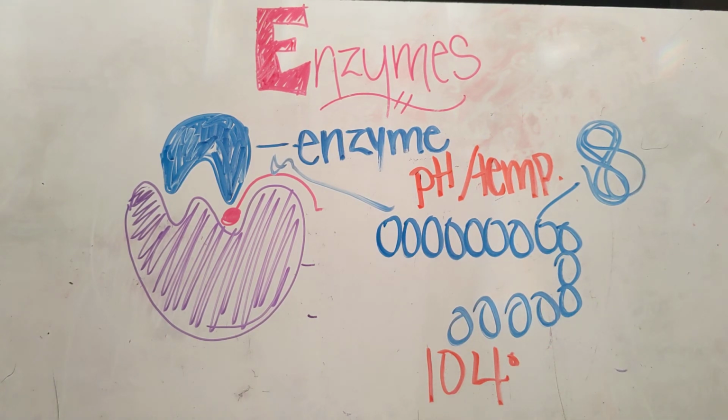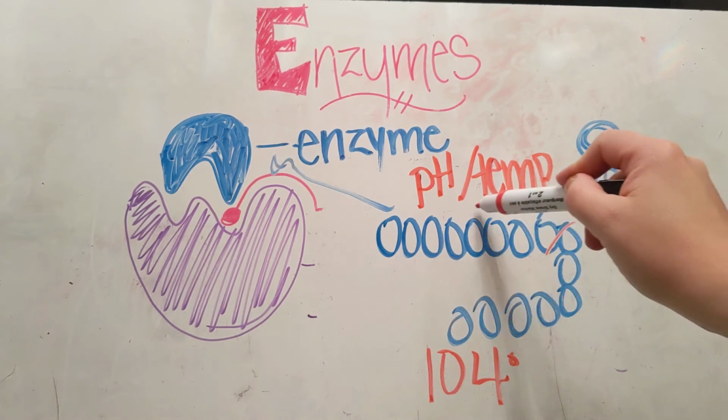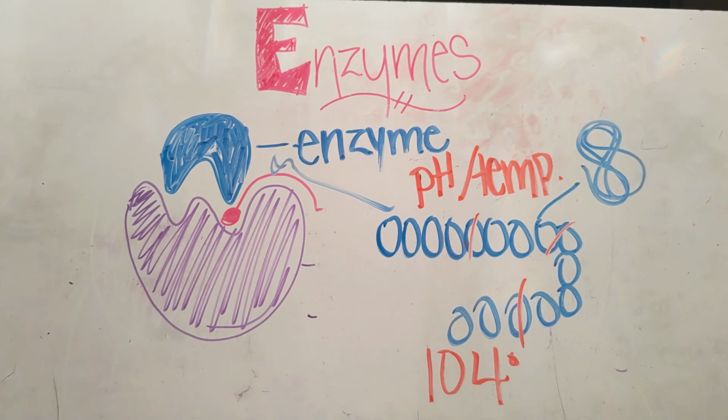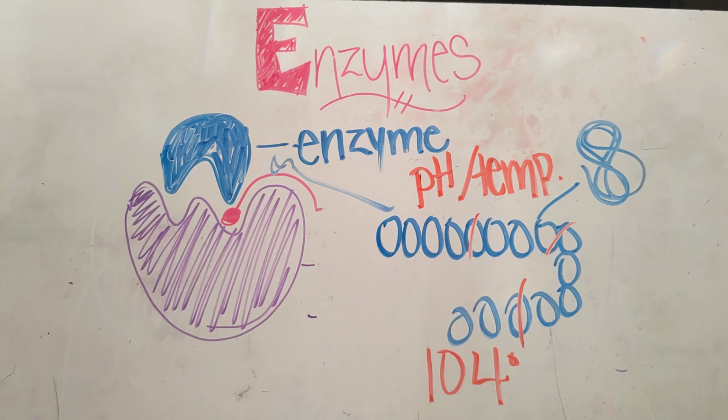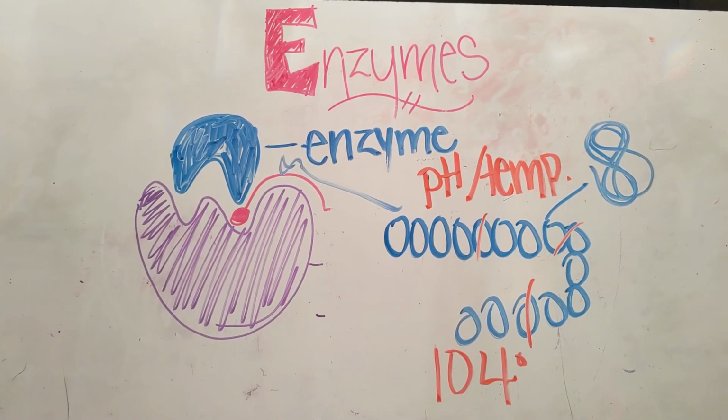They start to go through a process called denaturation or denaturing. Denaturing causes it to break apart and unravel, which is a really bad thing because if this is this enzyme, it now doesn't fit with its substrate and it can't break things down.